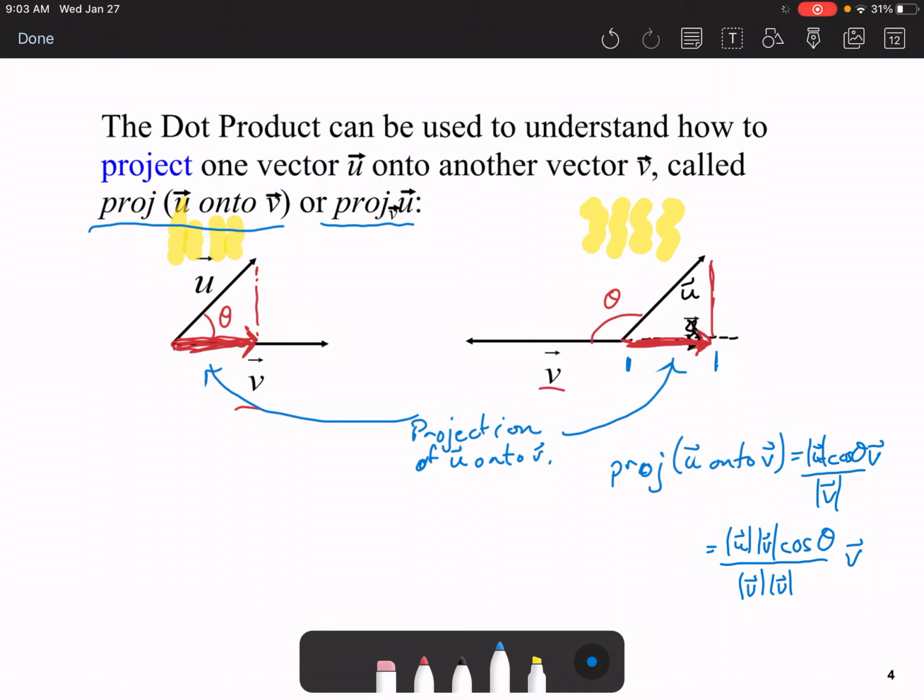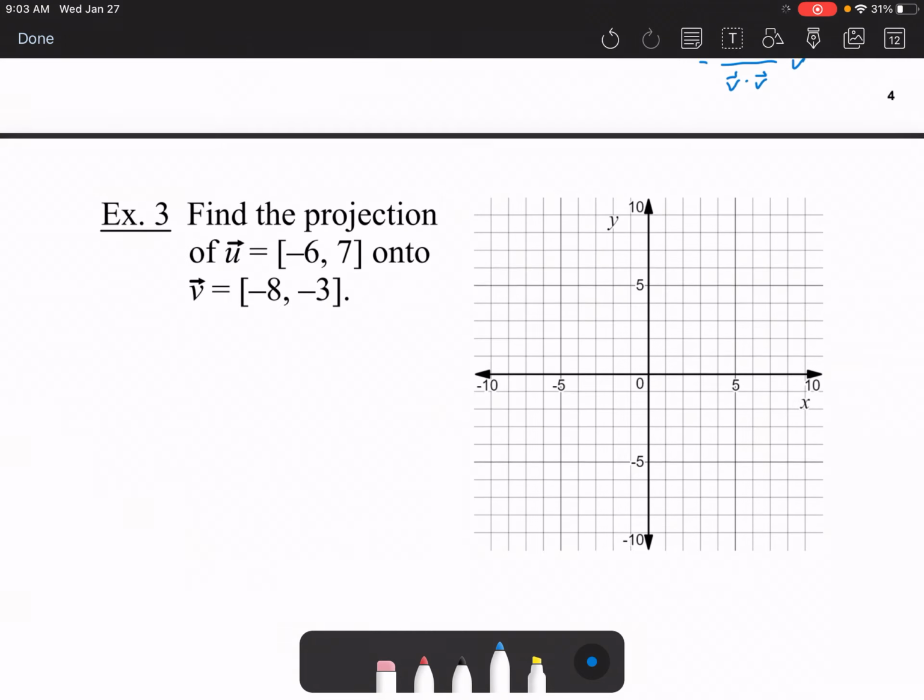So what you might notice is this top part turns out to be u dot v, and the bottom just turns out to be v dot v, and you just multiply them by the vector v. If you'd like to memorize this formula, you're more than welcome to. If you are going to be dealing with projections in the future, I suggest you memorize it. So let's take a look at how we can use this.